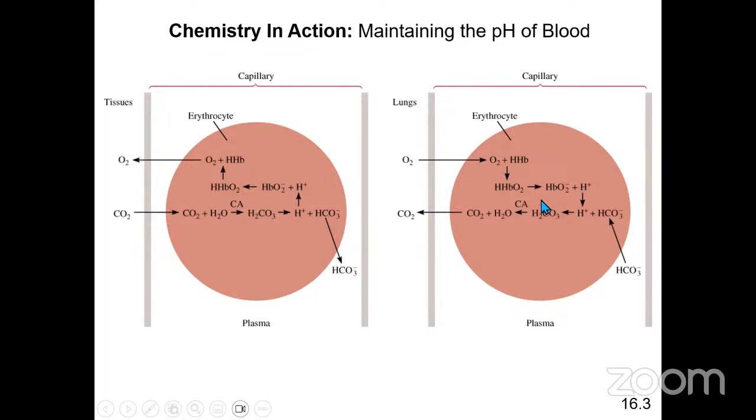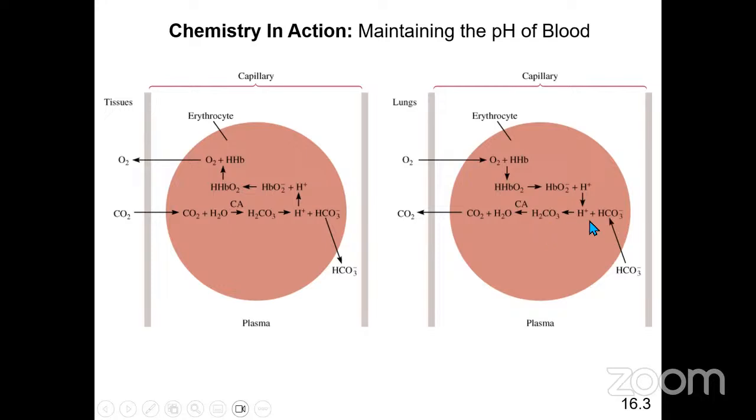Now, here, it's the reverse, where the red blood cells are in the vessels in the lungs, all right? So in that case, oxygen will be delivered from the lungs to the red blood cells, which reacts with the hemoglobin molecule, which releases a hydrogen ion, and that hydrogen ion will react with the bicarbonate to form the carbonic acid.